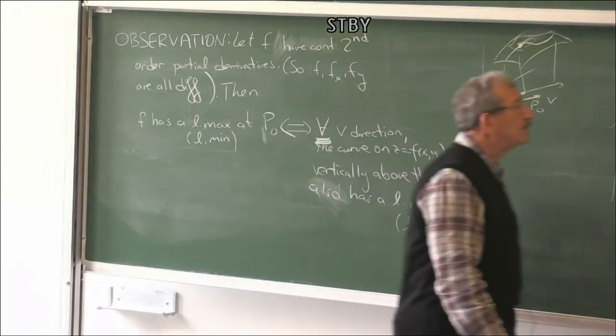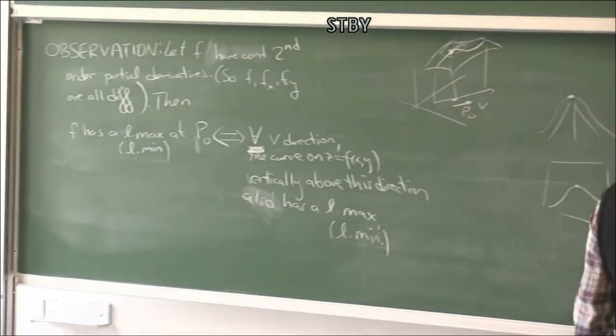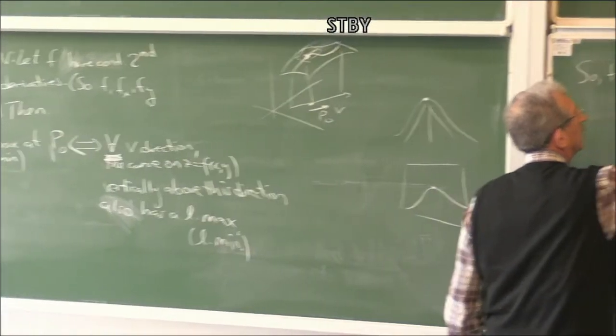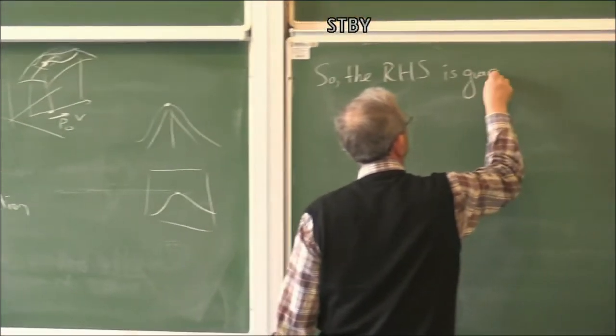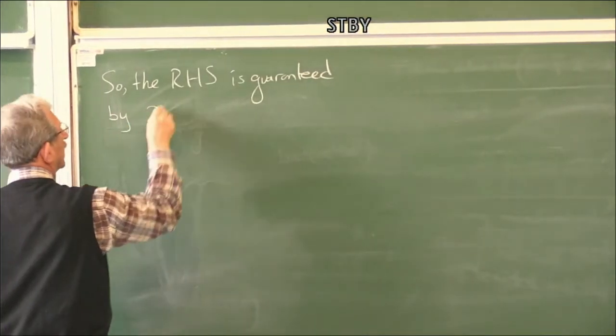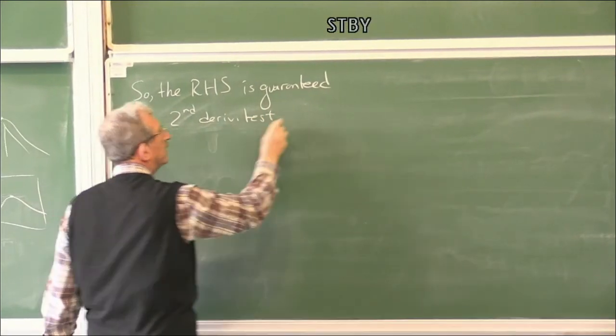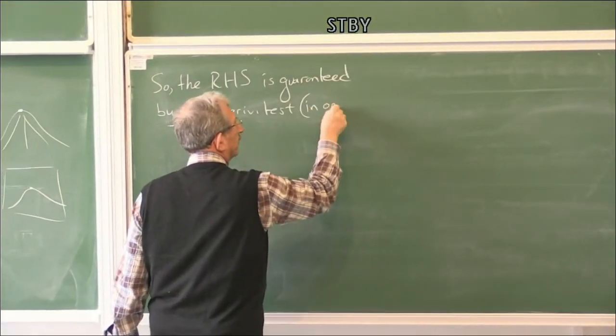So the right-hand side is guaranteed by the second derivative test, of course, in one variable.